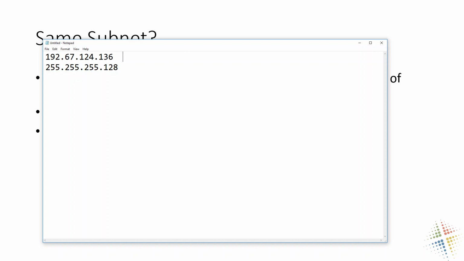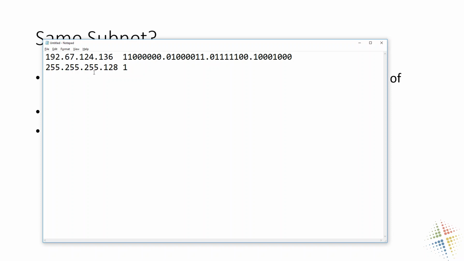So 192.167.124.136 is 11000000 dot 01000011 dot 01111100 dot 1000.